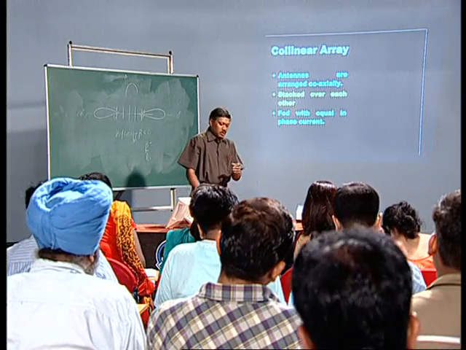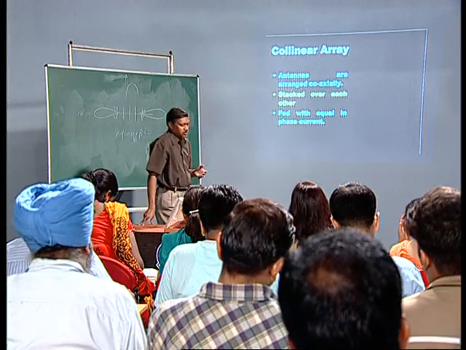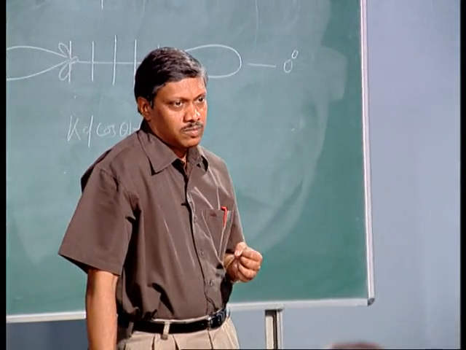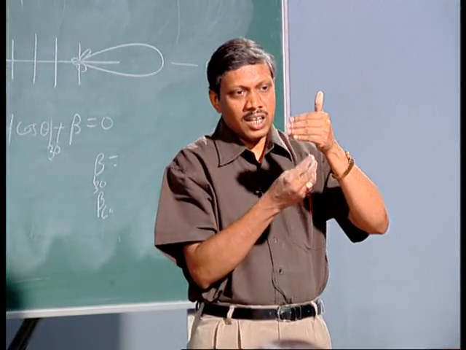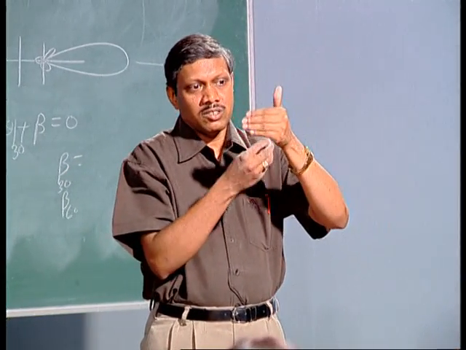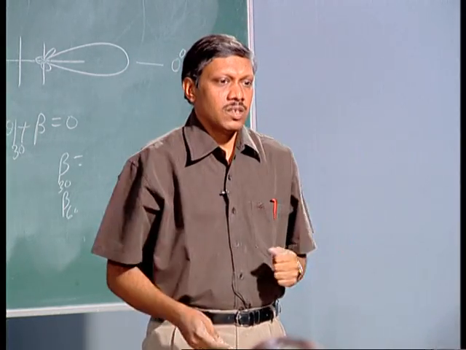There is another type of antenna array you will come across, which is called the collinear antenna array, where the antenna elements are stacked one above the other, like this, like this, like this, it goes.